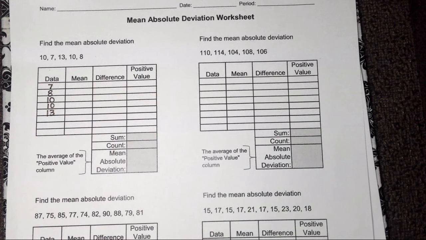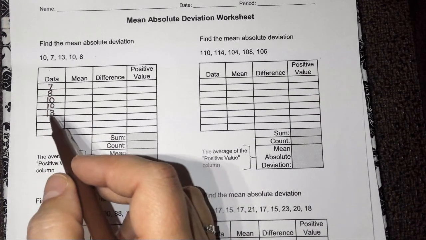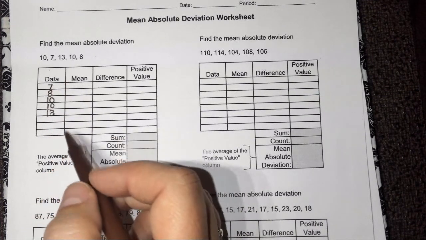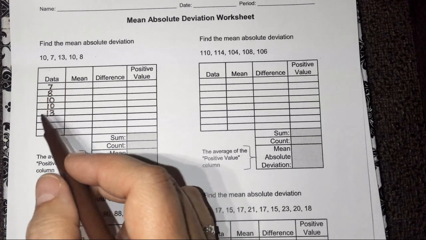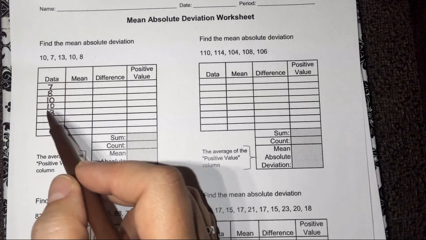Real quick. Go ahead, find your mean of those numbers. How do you find the mean? Add them all together. Perfect. And then divide. 48? Well, no, 48 is greater than my largest number. You said the mean. Listen, if you're saying 48, 13 is my highest number.